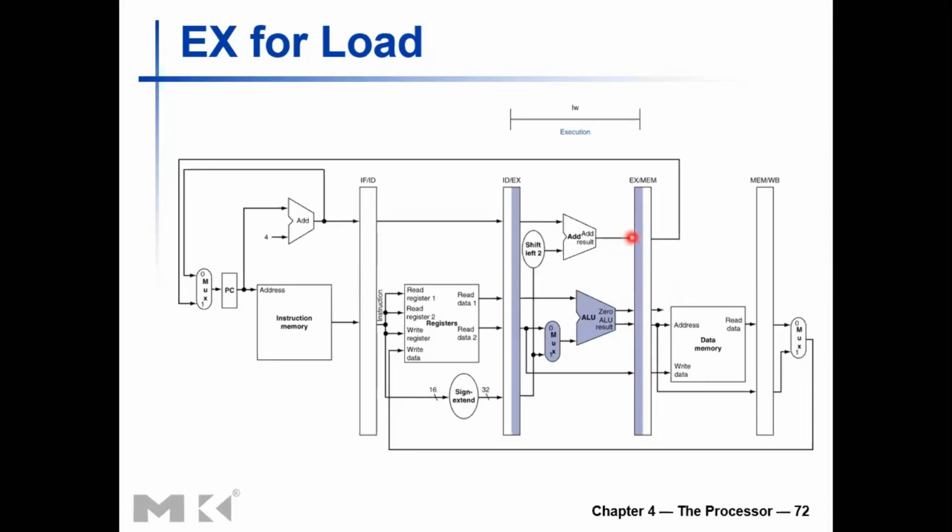The branch target, which was computed by this hardware, is ready to be written to the pipeline register, which is not applicable for load instructions. Then the second register read from the register file, which we didn't send to the ALU for a load instruction, is sent to the pipeline register.